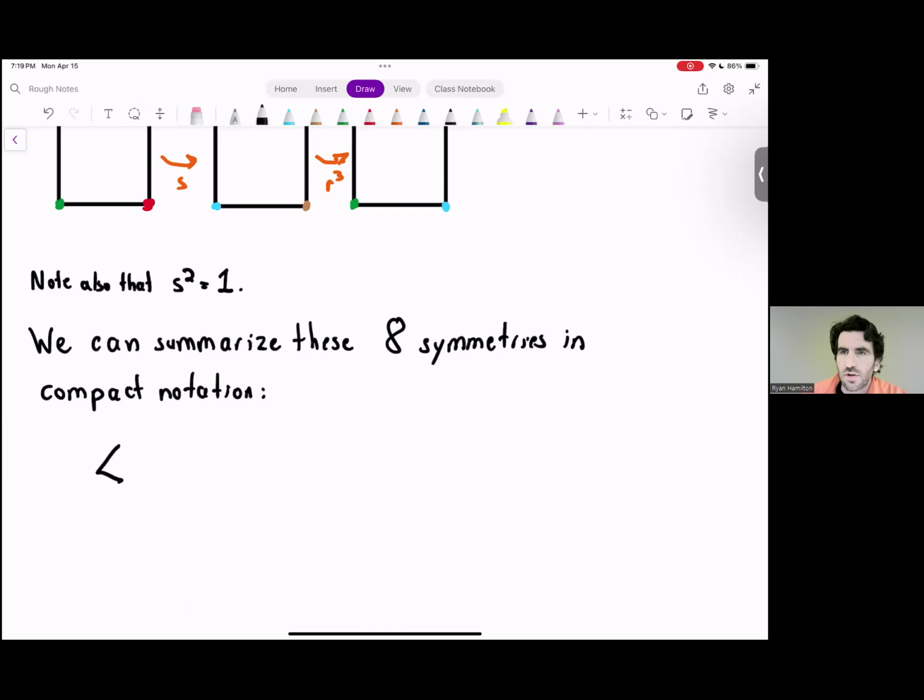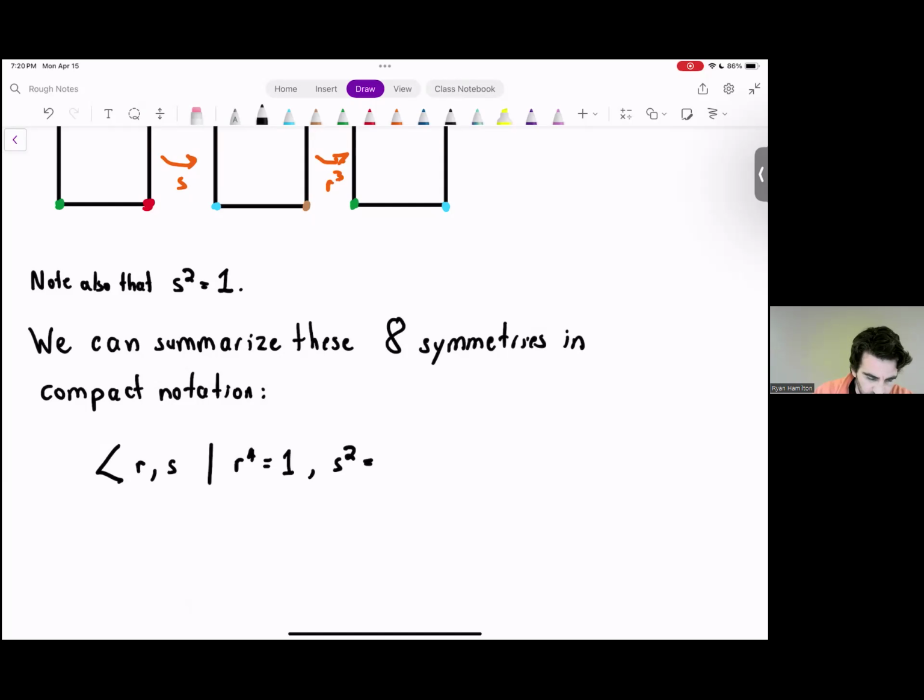So I use a little pointy bracket here, and I say that the collection of all symmetries of the square with 4 vertices is given by 2 letters, R and S, and they're subject to the following properties. The 4th power of the rotation is 1, so this just means if you go 90 degrees, 90 degrees, 90 degrees, 90 degrees, you get to 360, which is the same as doing nothing.